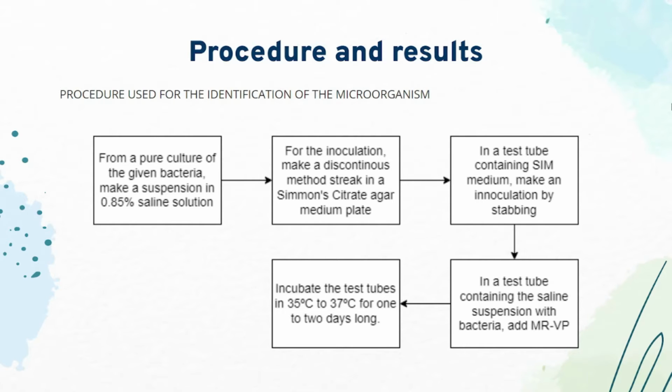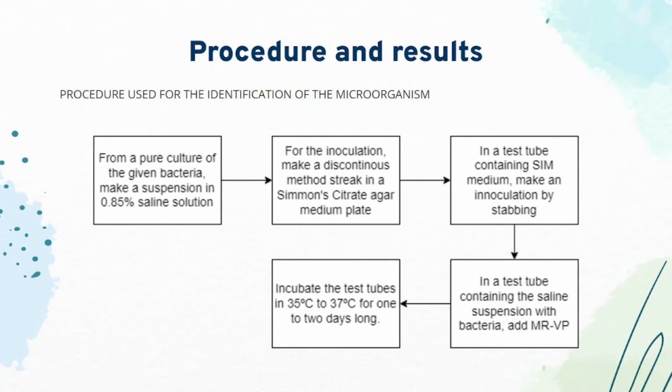First, the procedural results. This was the procedure used for the identification of the microorganism. From a pure culture of the given bacteria, we make a suspension in 0.85% saline solution. Then we make an inoculation in a petri dish.